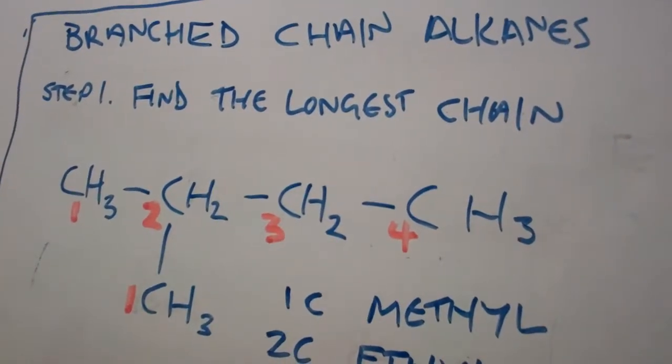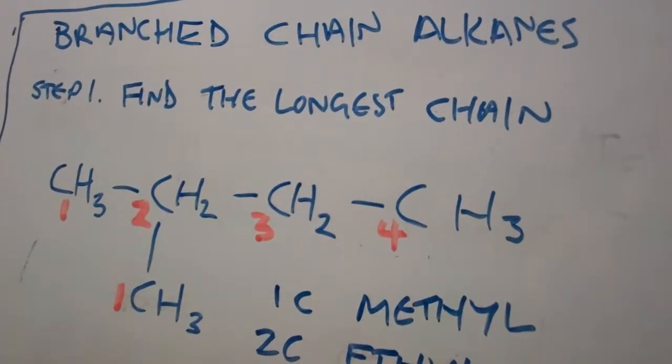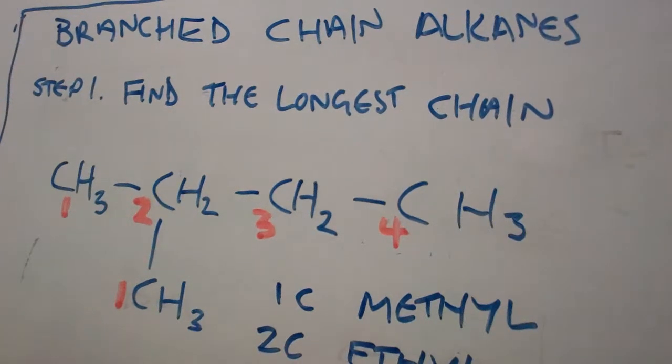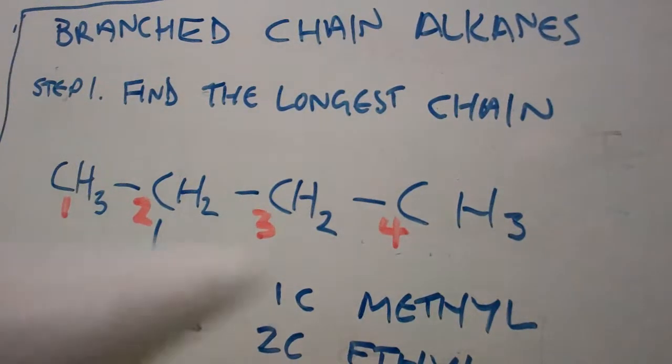For our unit, you are only expected to be able to name alkyl branches that contain either 1 or 2 carbon atoms. So we're only really going to deal with methyl or ethyl.